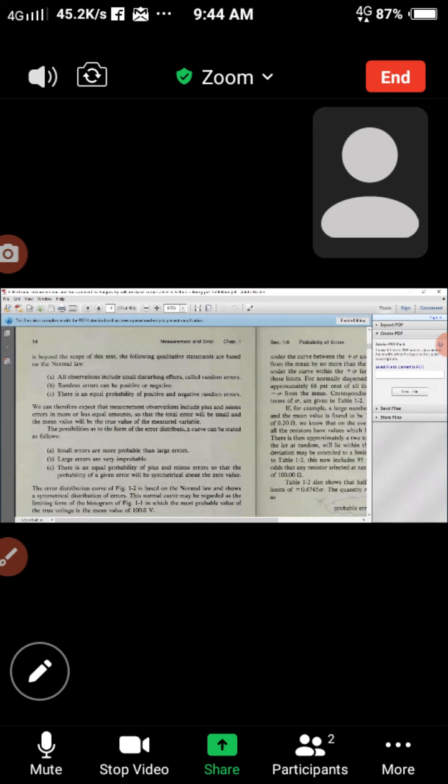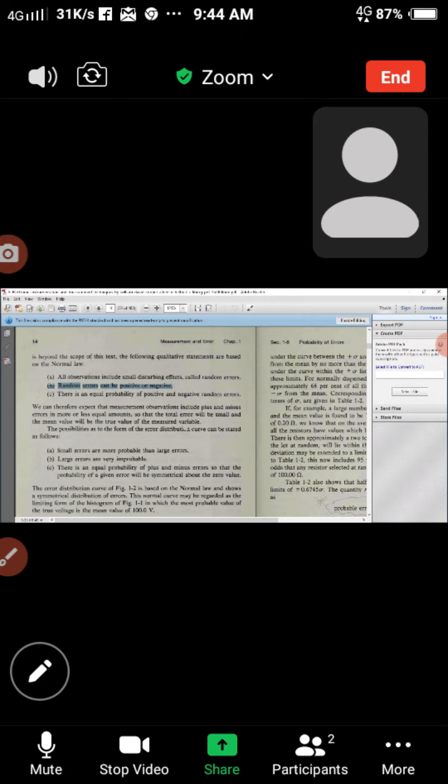So all observations include small disturbing effects called random effects. One first thing, there will always be random errors in the curve or in the reading. Second thing, random errors can be positive or negative. As I told you, there is a reading of 99.9 volt also and 100.1 volt also.